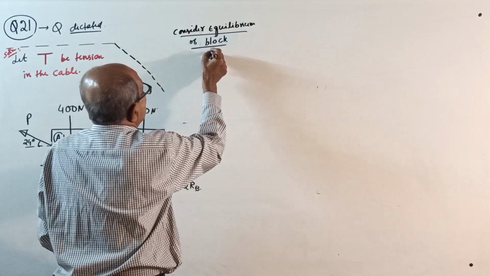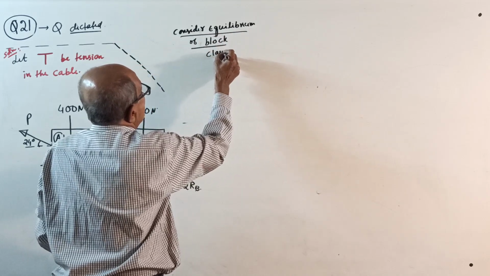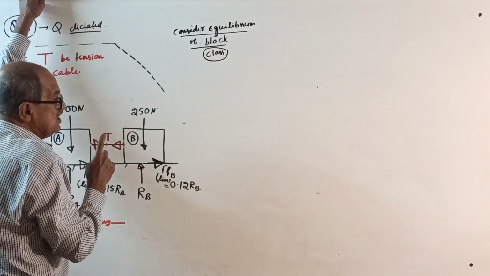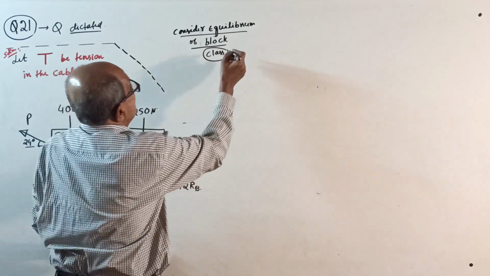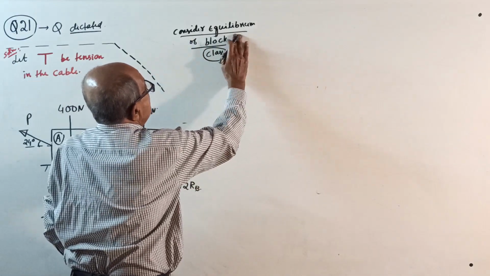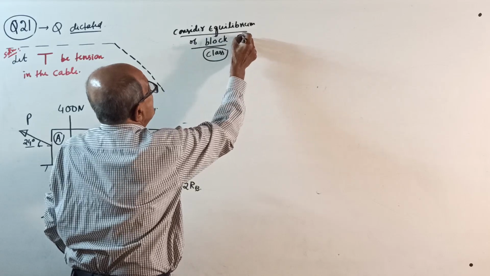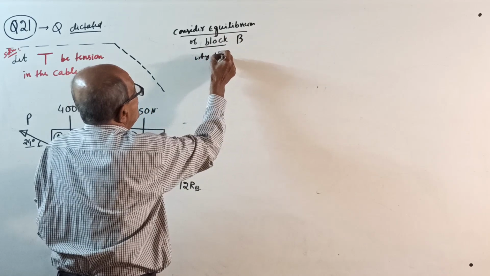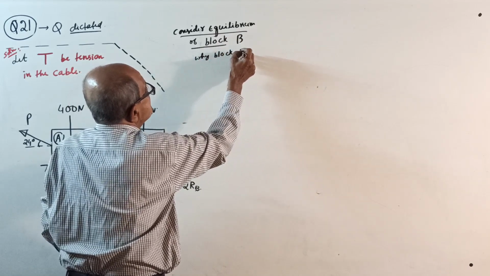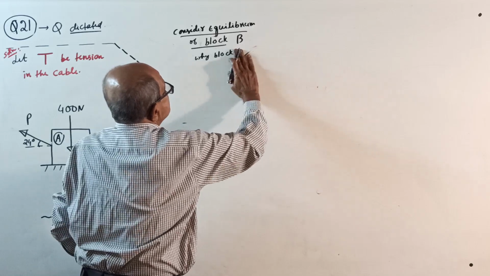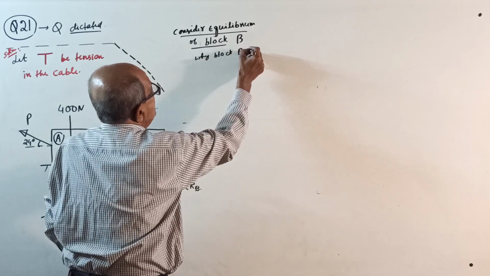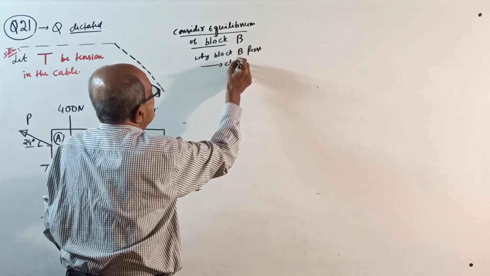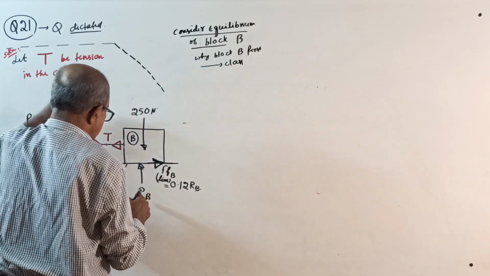First consider equilibrium of block B. Very important, block B. Why block B first? Actually, one more thing you have to write here.